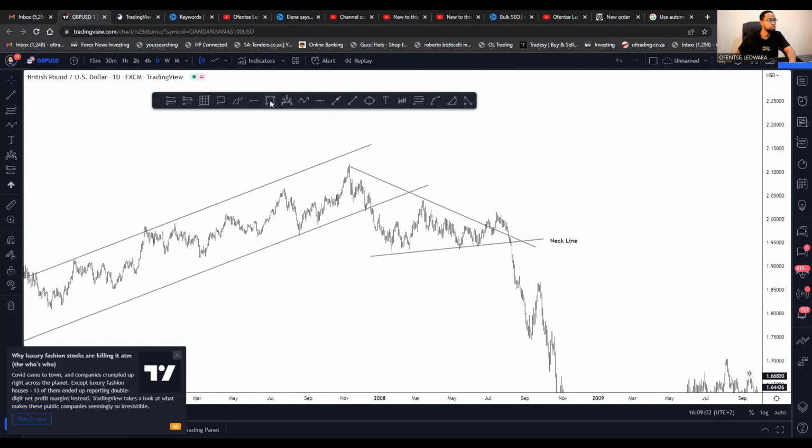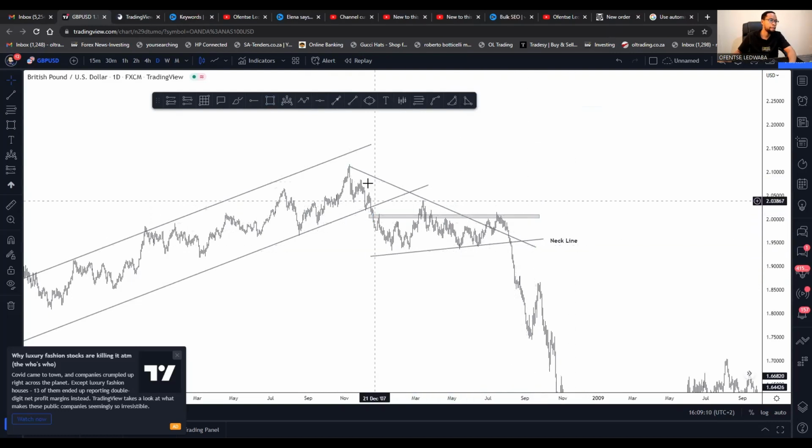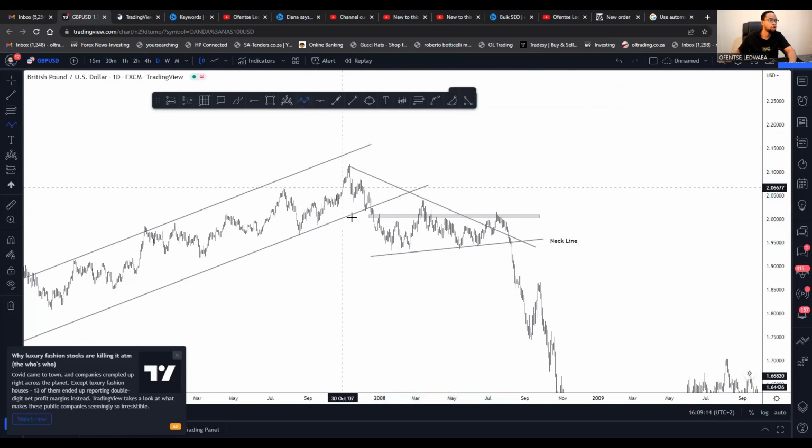As you can see, we have this, was a fake out from this trend line. But as you know, we look at how the market is coming into this structure. You understand?